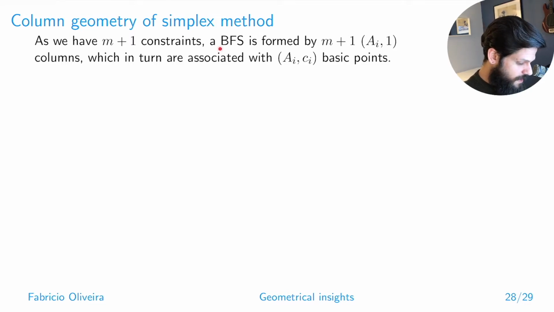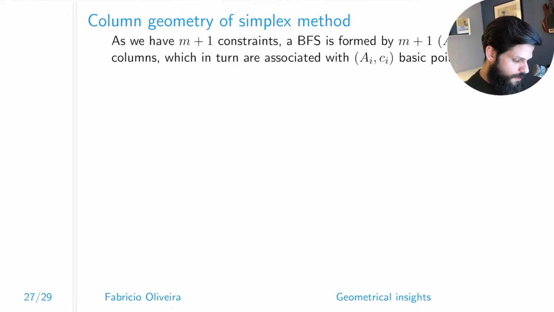Our basic feasible solution is formed by m plus 1 columns like so, which in turn are associated with these basic points.